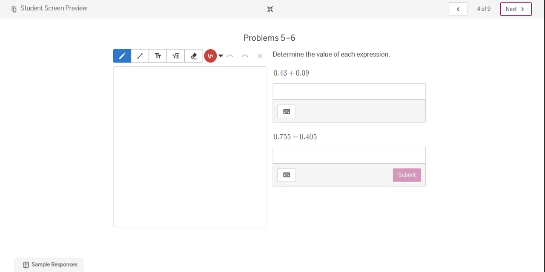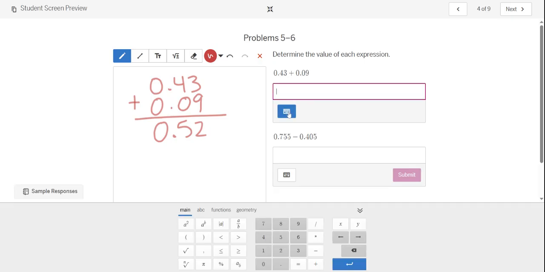Here we go, some more. 43 hundredths adding 9 hundredths, I've got 52 hundredths, and if I put the 0 there, it doesn't matter.